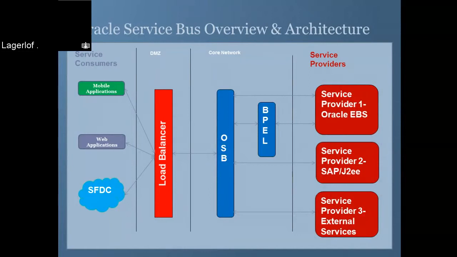So on the service consumer side, it could be a web application where an accounts receivable person might be entering an invoice, and as soon as the invoice is saved in their system, it generates an electronic invoice that is sent to this service that we're going to be developing.